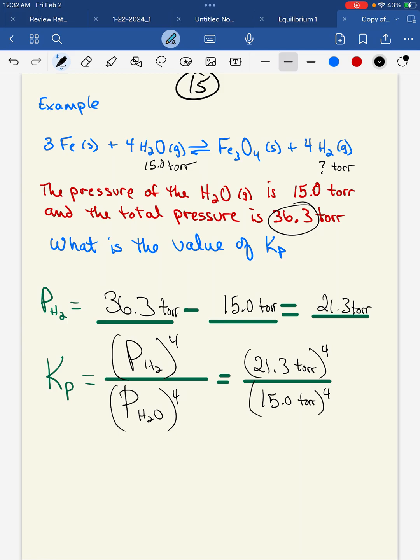Wow, that's going to be... I'm getting 4.06.